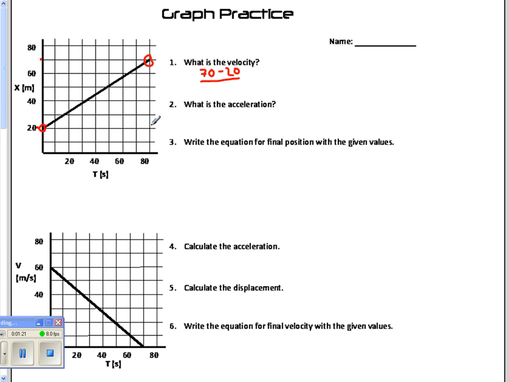For our run, it goes from 0 to 80. So 80 minus 0. So we have our rise over run will be 50 divided by 80. So our slope is going to be 0.625.